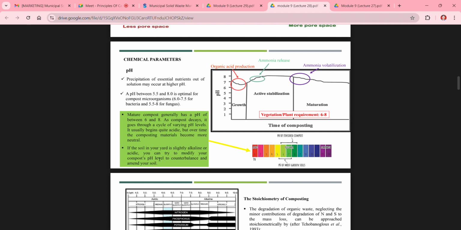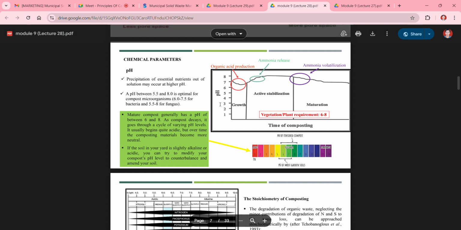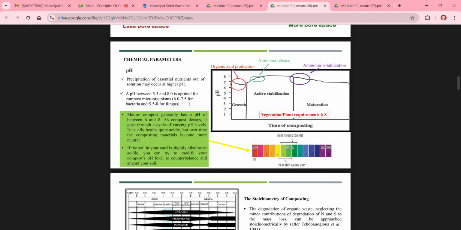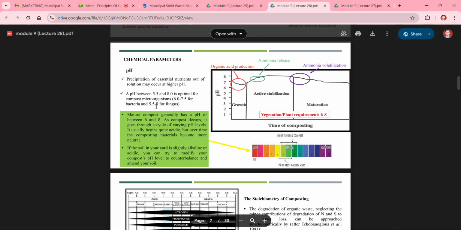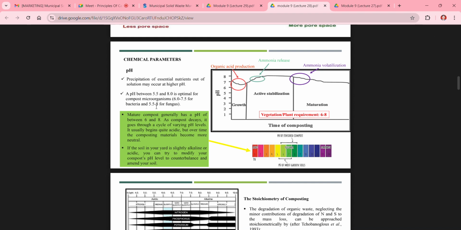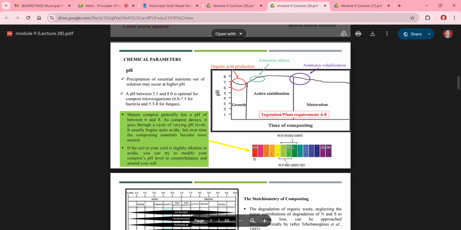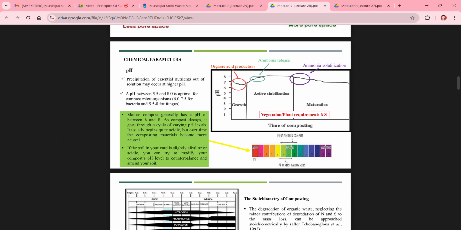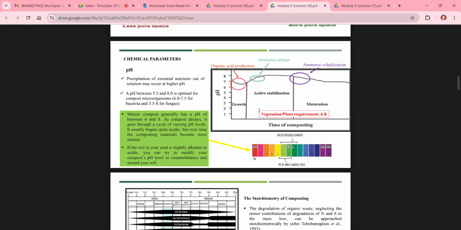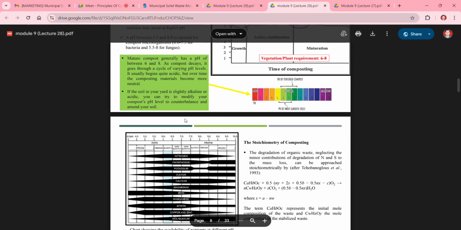A pH between 5.5 and 8.0 is optimal for compost microorganisms: between 6.0 and 7.5 for bacteria, and 5.5 to 8 for fungus. So a pH value of around 5.5 to 8 will be the ideal condition for a compost material.